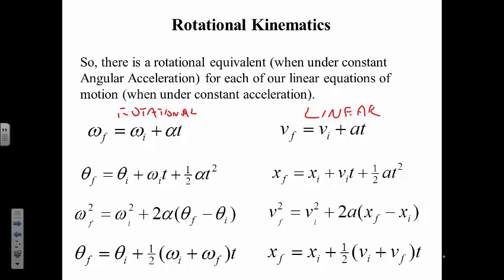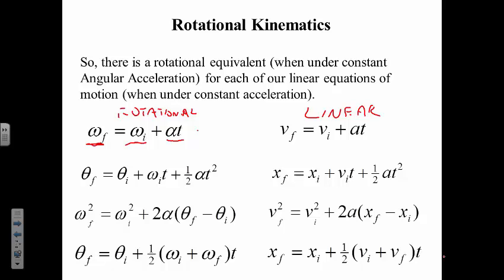Just like before, we have our rotational equations. If you start at some initial velocity and apply an acceleration, you change your velocity and you have some new rotational velocity.